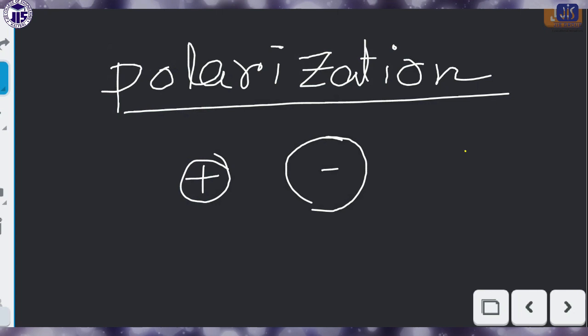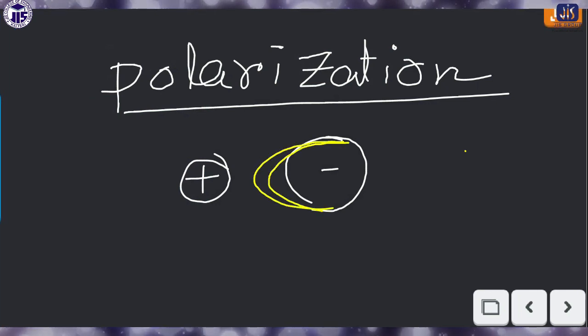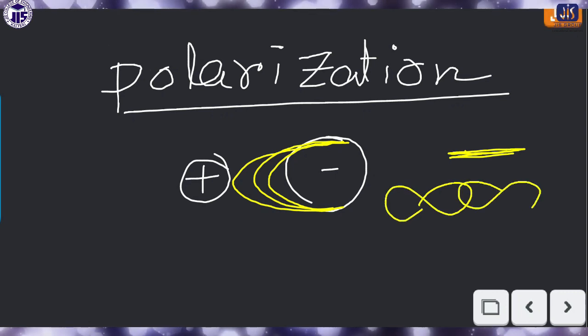The size of the anion gradually changes, and gradually it overlaps with the cation. In this way one covalent bond is formed. You know very well that a covalent bond means the overlap of the orbitals, otherwise it is not possible. If there is any overlap of the orbitals, then only it is possible to form the covalent bond.